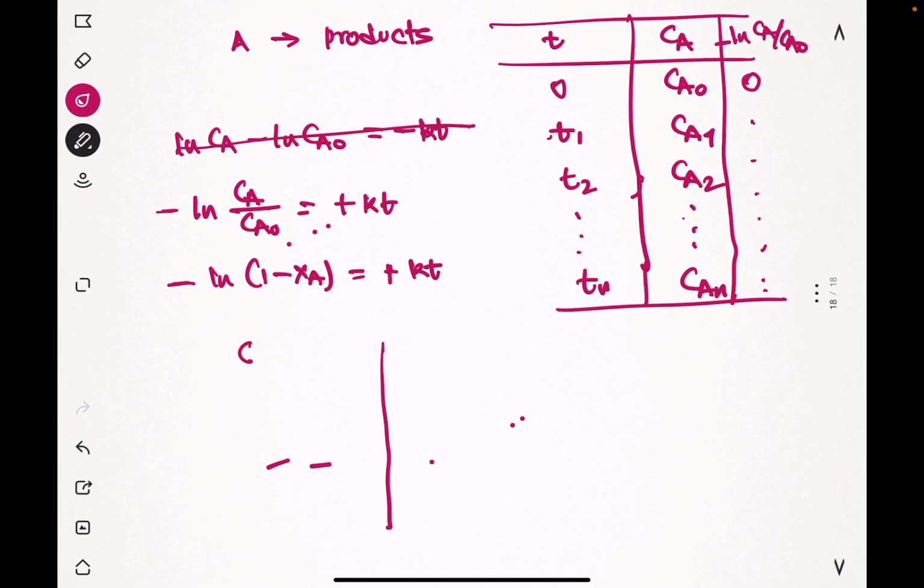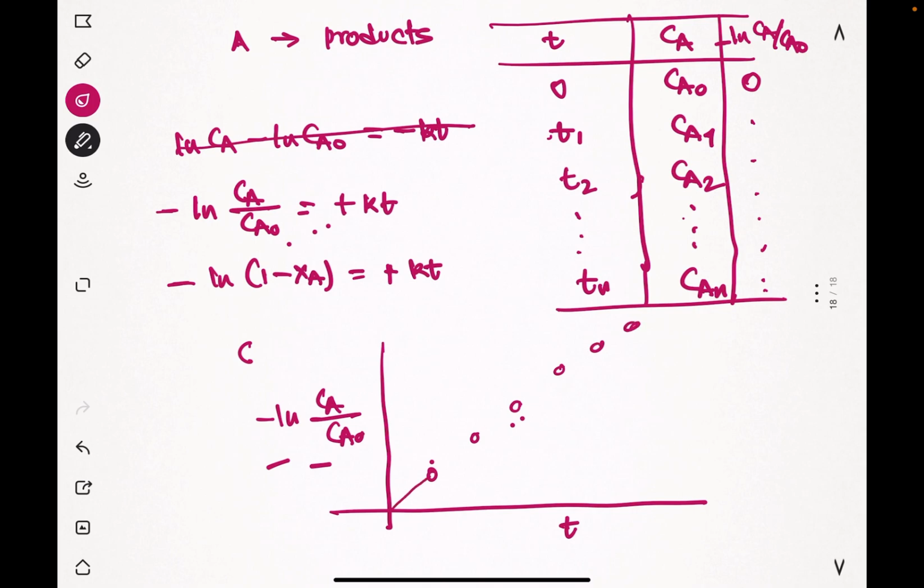So we plot T against negative ln CA by CA naught, and if we get some data points like this which fit a straight line, then we can say our order of reaction is 1.